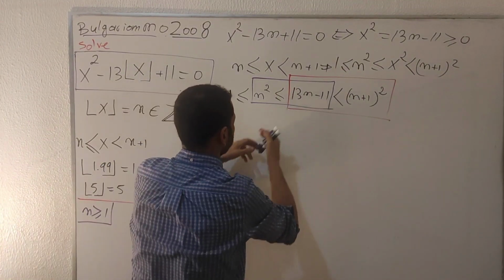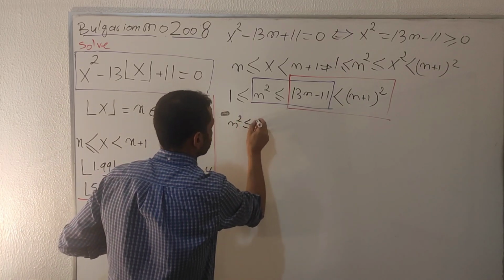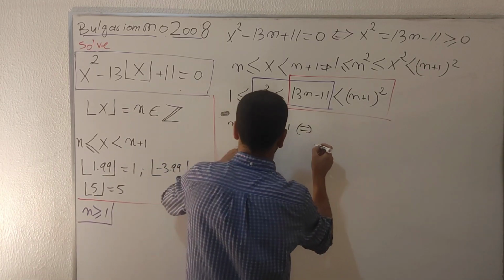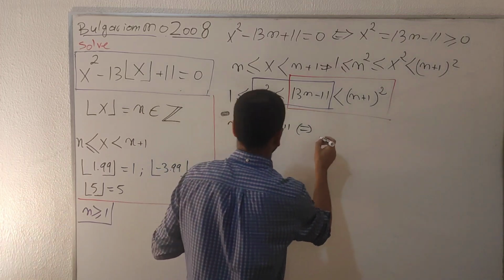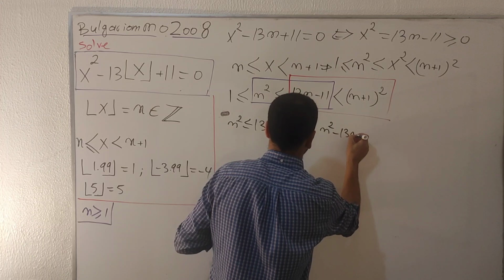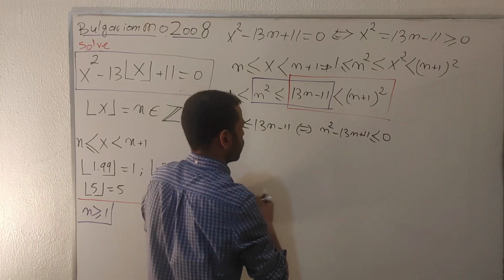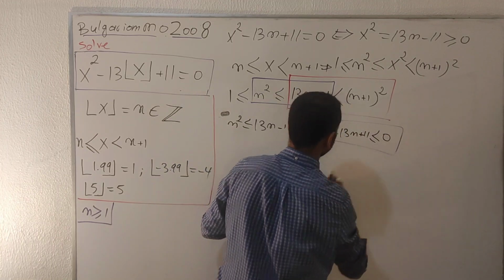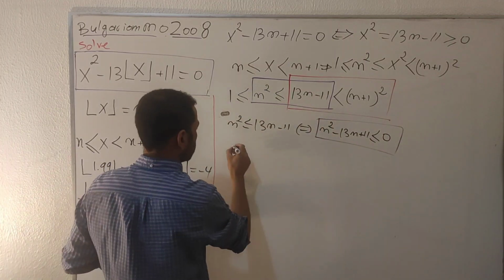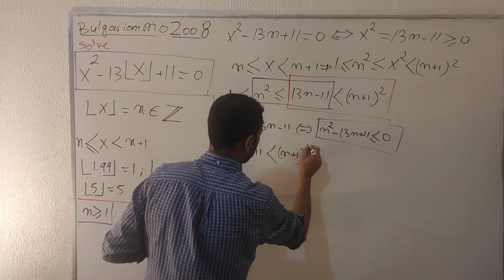Taking the purple one, I get n squared is less than or equal to 13n minus 11. By taking these two terms to the left, I get n squared minus 13n plus 11 is less than or equal to 0. This is the first inequality. For the second inequality, the red one, I get 13n minus 11 is strictly less than (n plus 1) squared.